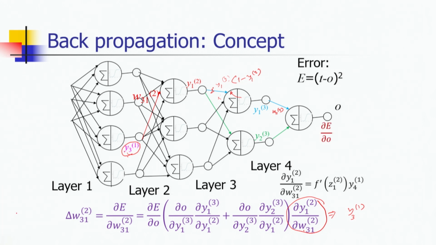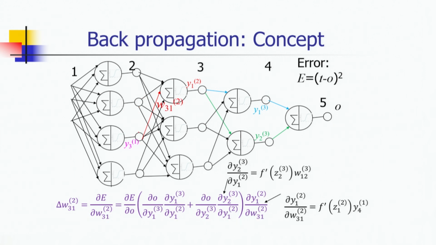This is what is being computed: the derivative of E with respect to O, then the derivative of Y13 with respect to Y12, then Y23 with respect to Y12. This process is further elaborated once again: this is delta E, delta O, this is delta O, delta Y13, this is delta O, delta Y23, this is delta Y13, delta Y12, and similarly this, and from there you compute it.